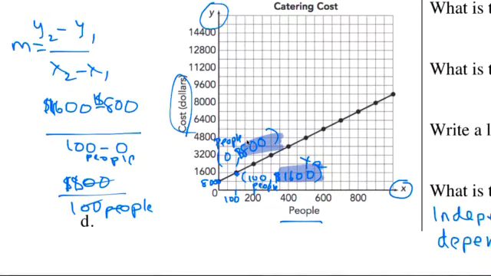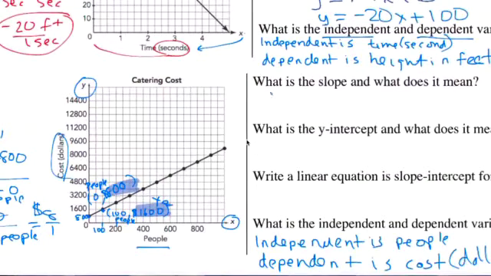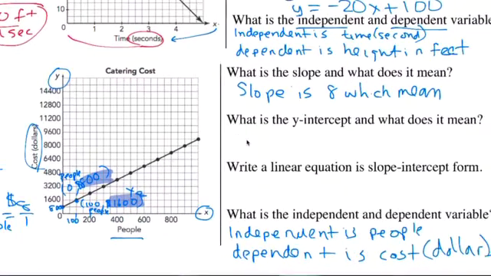So that reduces to $8 for one person. Slope is 8, which means $8 for one person.